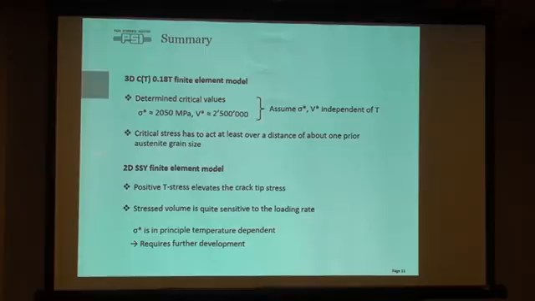For the 2D model, we see that the positive T-stress is elevating the crack tip stress, and also that the stress volume is quite sensitive to the loading rate. But in fact, it's known from literature that the critical stress is temperature dependent, so it requires further development.